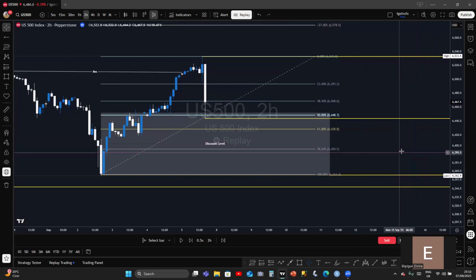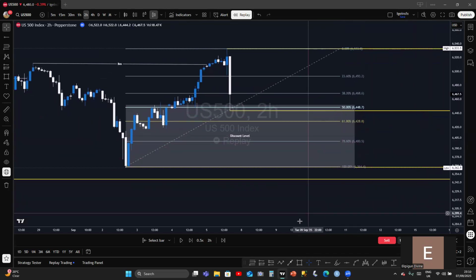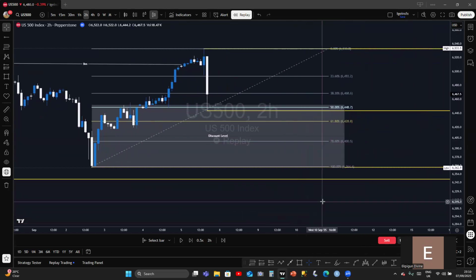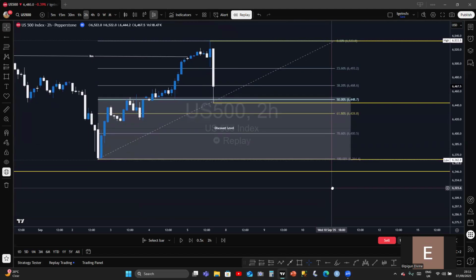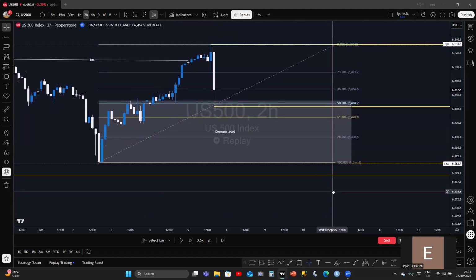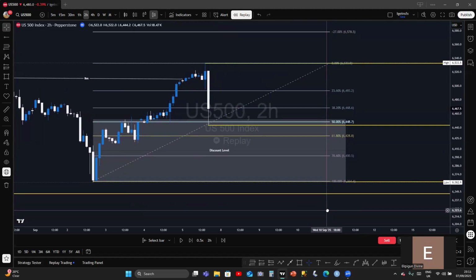Anyways, when we say pending order, we are simply referring to a buy limit order or sell limit order. We also have a buy stop order and a sell stop order. We have instant execution and we have an entry, which you know, and we also have stop loss and take profit.